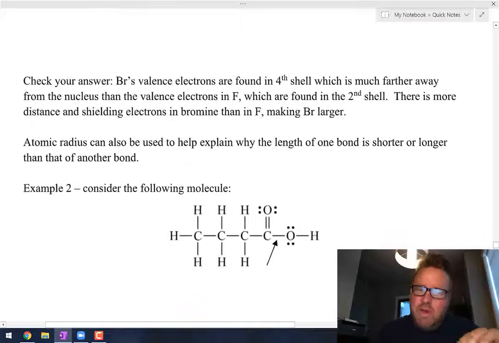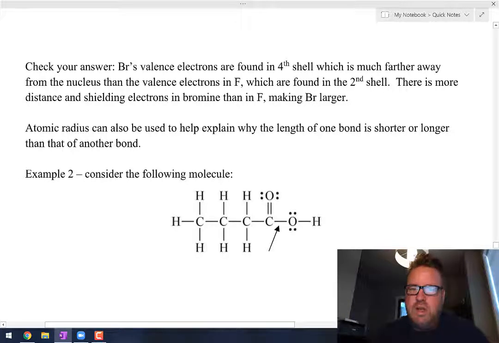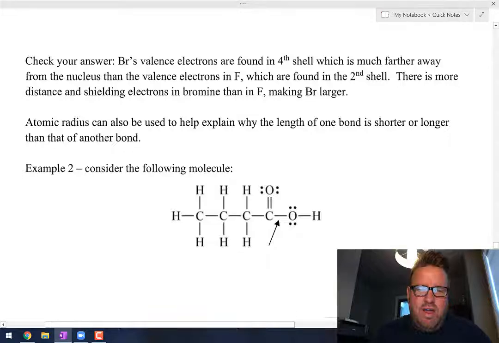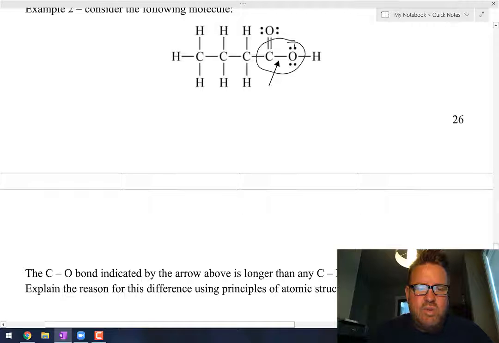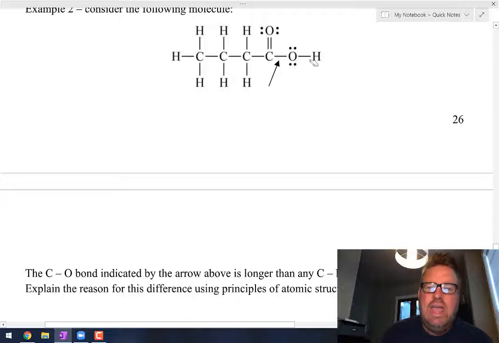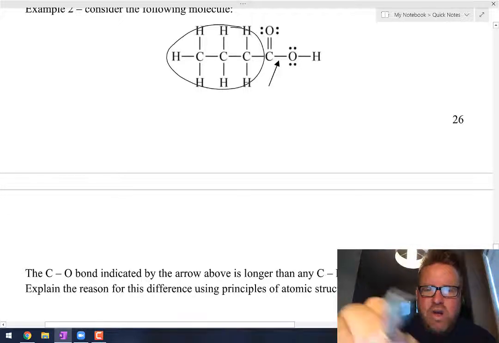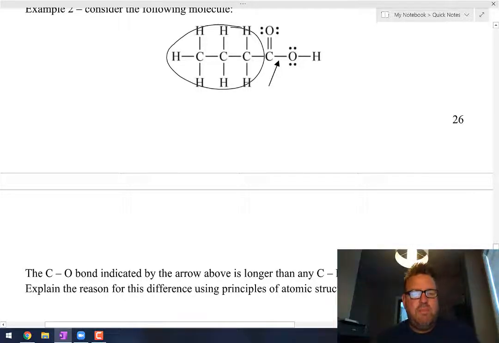Now, atomic radius can also be used to help explain why the length of one bond is shorter or longer than that of another bond. So this was actually on a recent test. They put that little arrow there and pointed at that bond between the carbon and the oxygen. And then the question was that the carbon-oxygen bond indicated by the arrow above is longer than any of these carbon-hydrogen bonds in the compound.